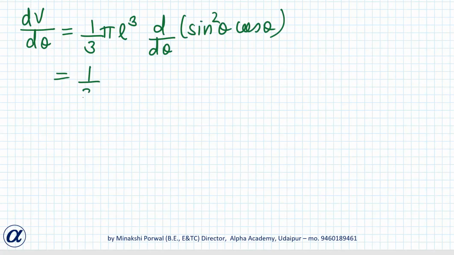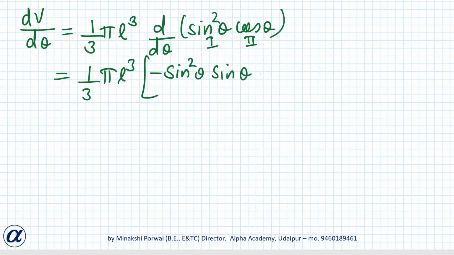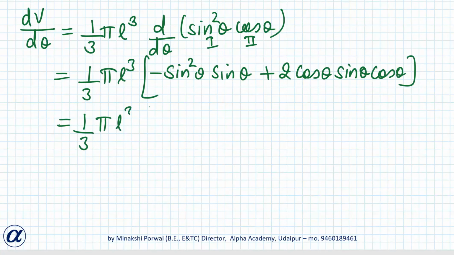First into d by dx of second: sin square theta times the derivative of cos theta, which is minus sin theta, plus second into d by dx of first: cos theta times 2 sin theta times d by dx of sin theta, that is cos theta. So that is equal to 1 by 3 pi L cube times minus sin cube theta plus 2 sin theta cos square theta.